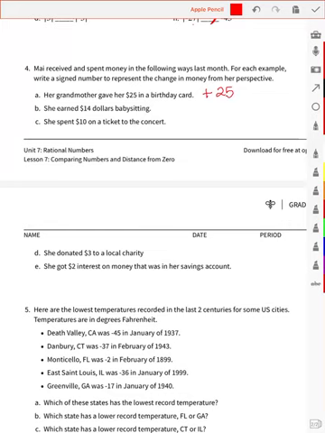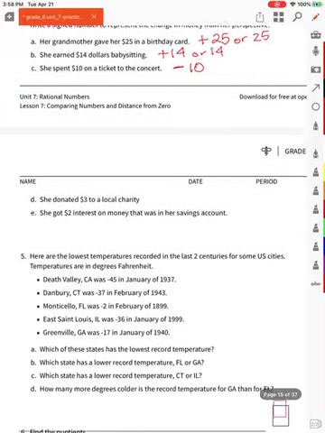She earned $14 babysitting. That's a positive 14. When you do positive numbers, this can be 25 or positive 25. This can be positive 14 or 14. She spent $10 on a ticket to the concert, but a negative number, you always have to show the negative sign. So that'd be negative 10.